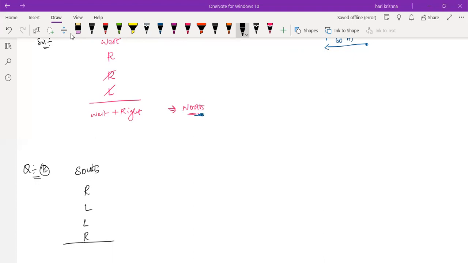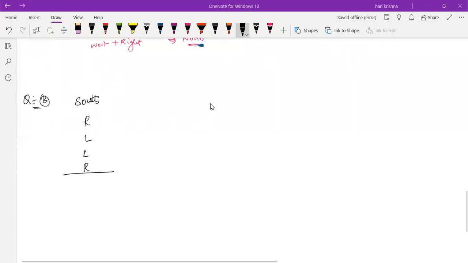What is the final answer? So cancel out how many lefts and rights there are.